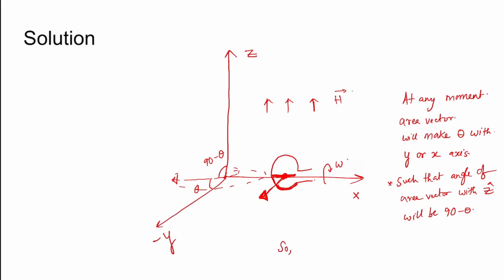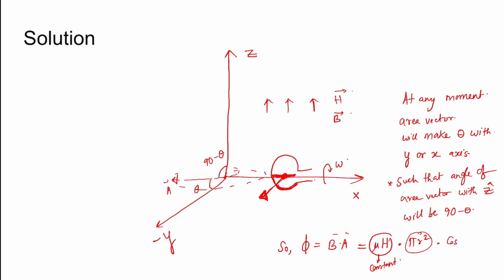So flux equal to B dot A equal to mu h, which is constant, times A, which is area. So this is a dot product, so area is pi r square, where r is the radius of this ring, times the cos of the angle between B, that is along the z axis, and A, the area vector, that is 90 minus theta.